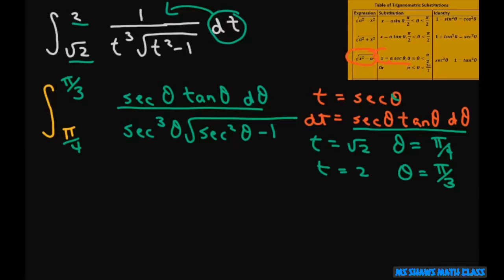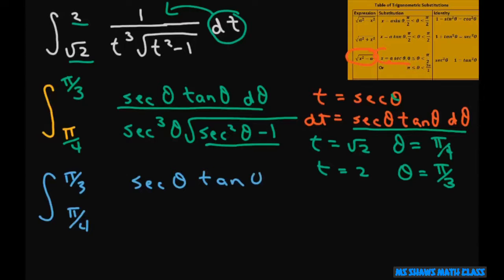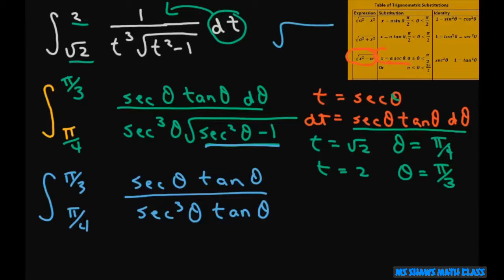Now this just equals tan squared. So rewriting this further, we have secant theta tan theta, and then we have our secant cubed theta, and this is just going to be tan of theta, because of the square root of tan squared theta.